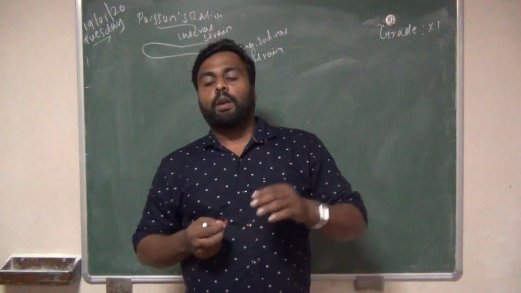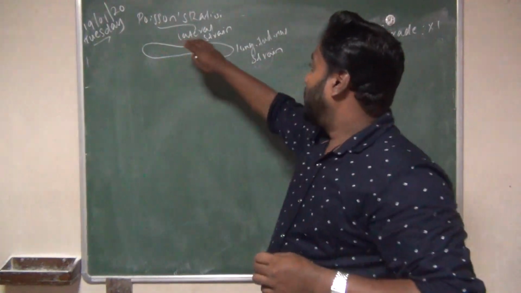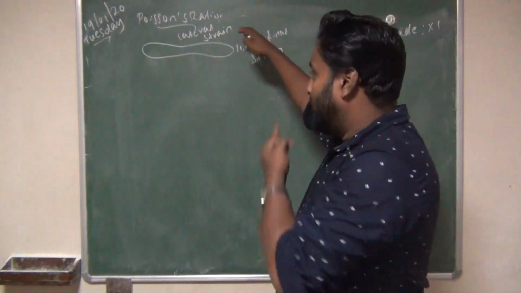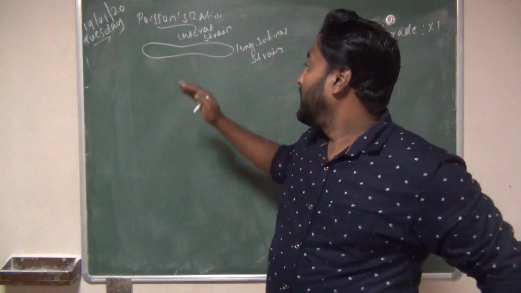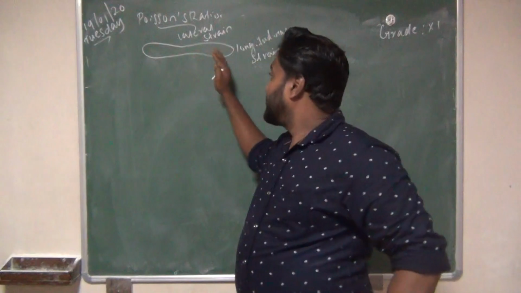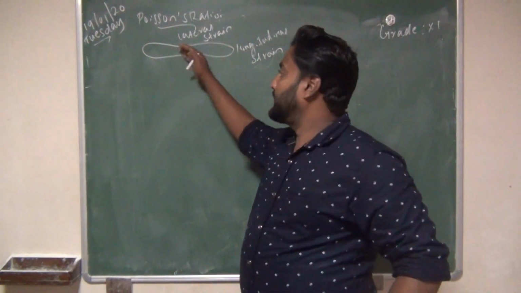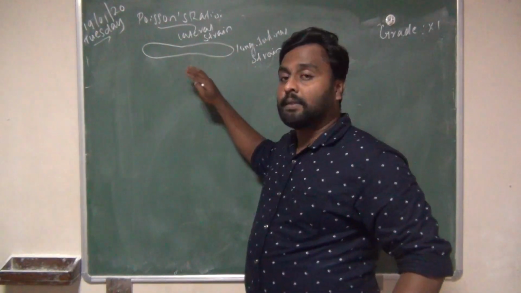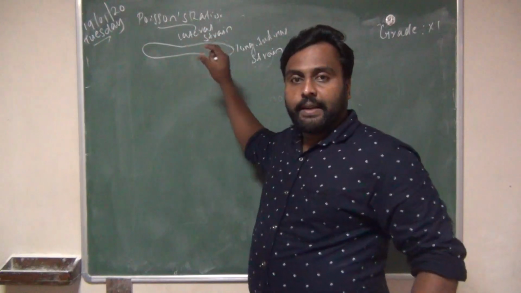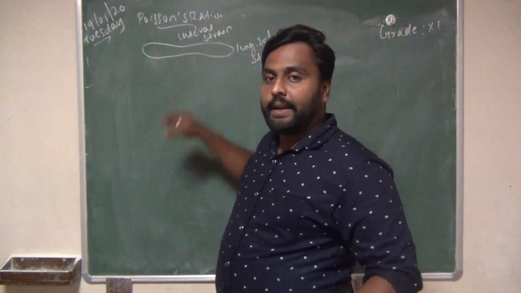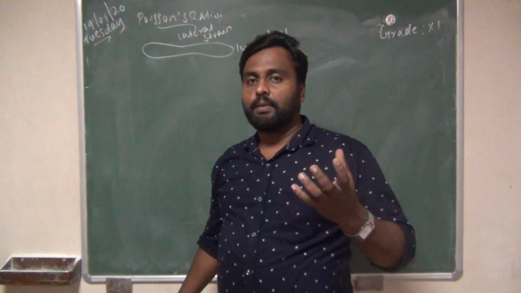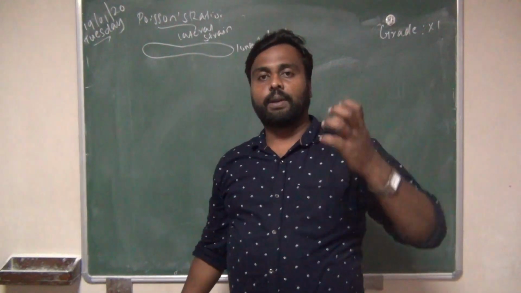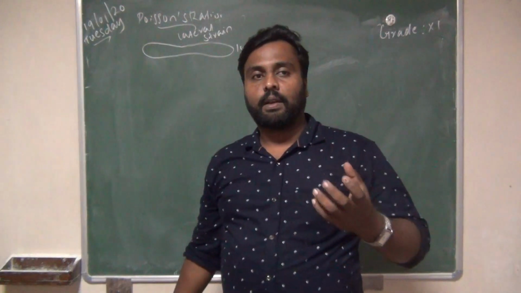Here a diagram is given. When we stretch the rubber band or wire, it will be like this. Its length will increase and its diameter will decrease. For the diameter decreasing part, we can use the word lateral strain. You can say contraction.